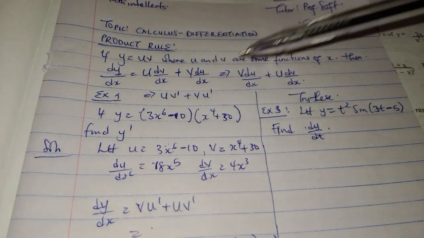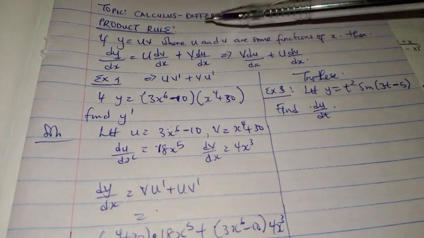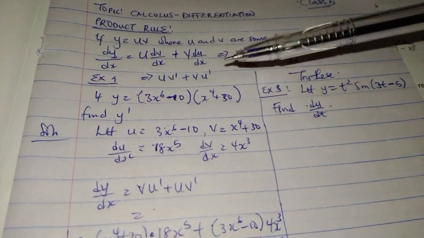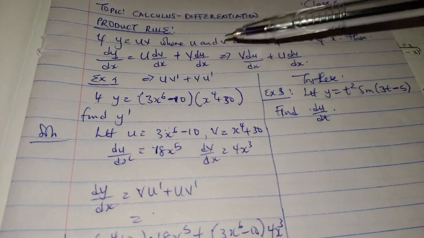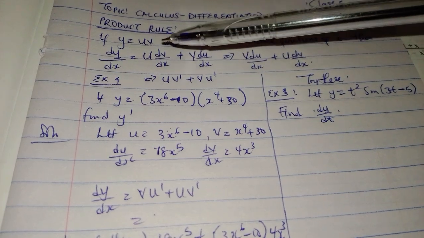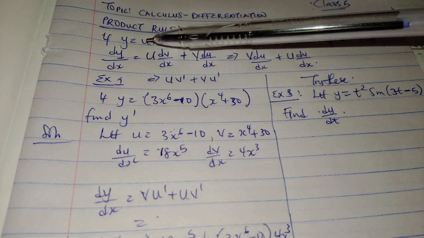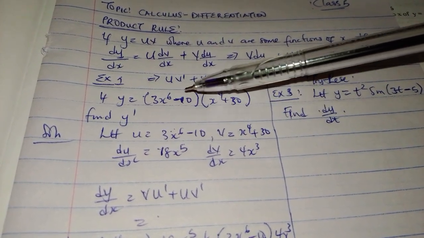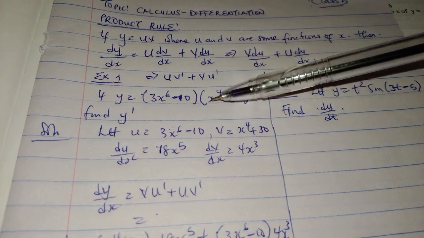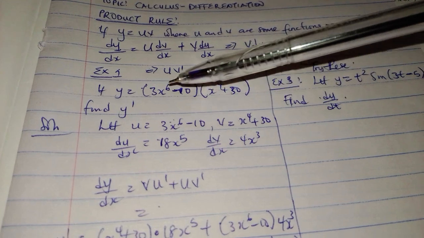Are we there now? Now let's solve some questions. How do you know that you are going to apply the product rule for a certain question? It is very simple. When you find a question in the form of a product, just like this one, where two functions are being multiplied together, then automatically you know that you are using the product rule.